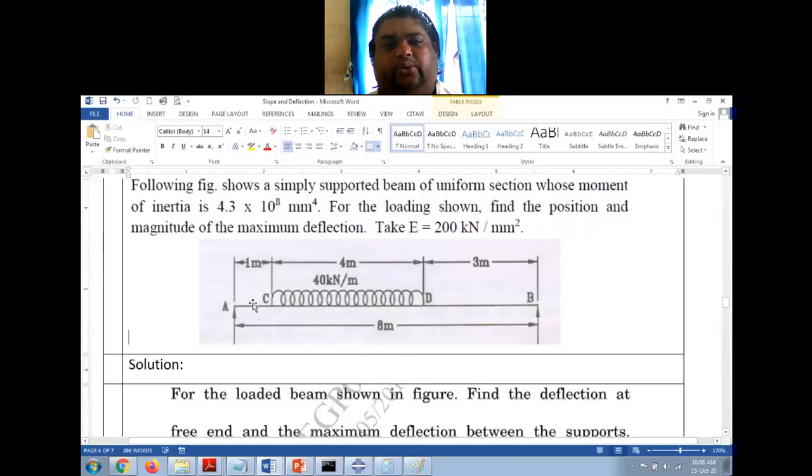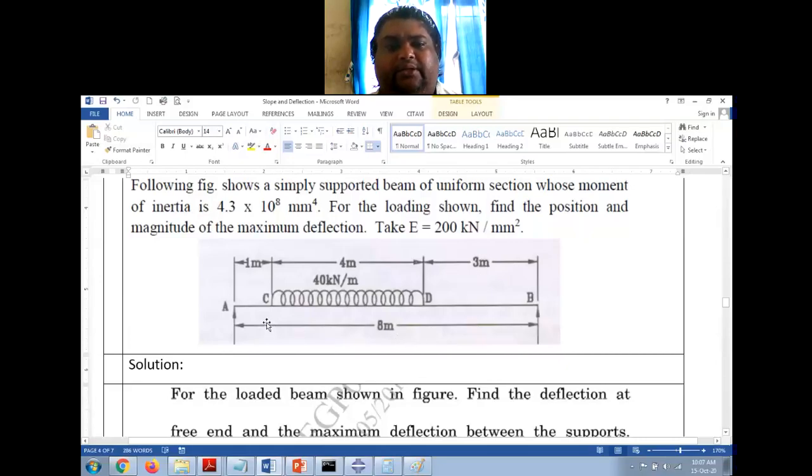If the UDL is starting from this end, A to D, then you could have taken B as the origin and a section somewhere here on the UDL. If it were up to B, from D to B or C to B or the entire span, then you could have taken the origin as A and my section XX somewhere here.